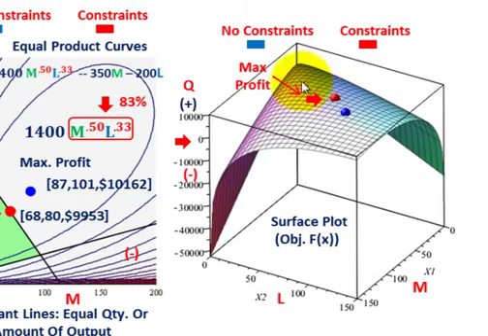So again, all we're looking at here is labor shown here, material shown here, but this is a surface plot here. So really what this surface plot is telling us here, what it represents is the profit, or that function that we're looking at. All these equal product curves would be lying on this 3D curve here.